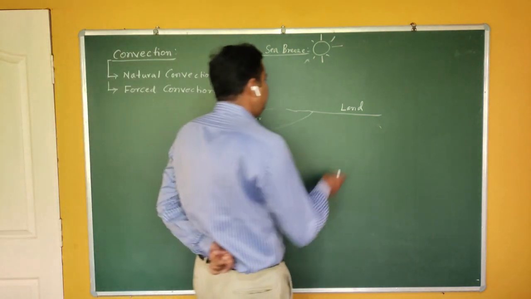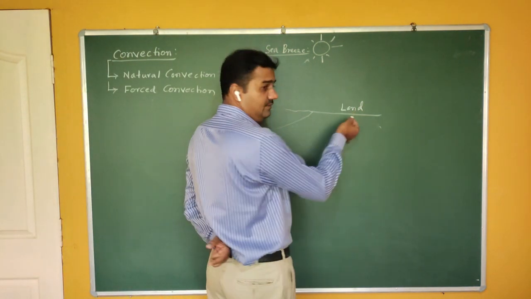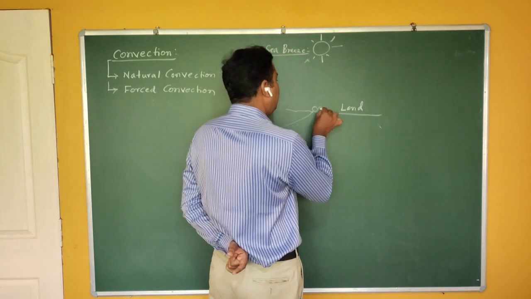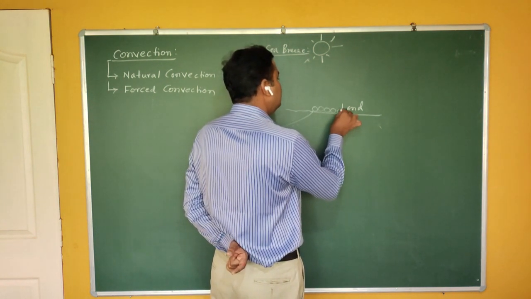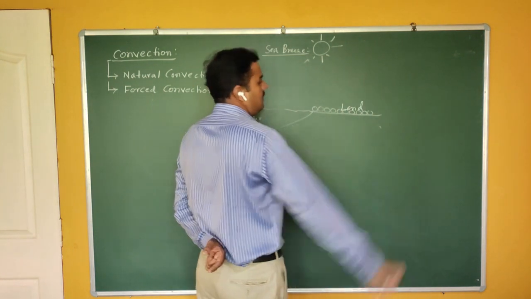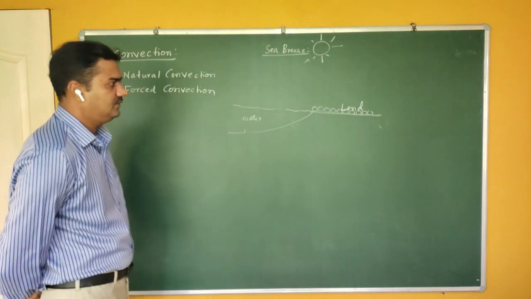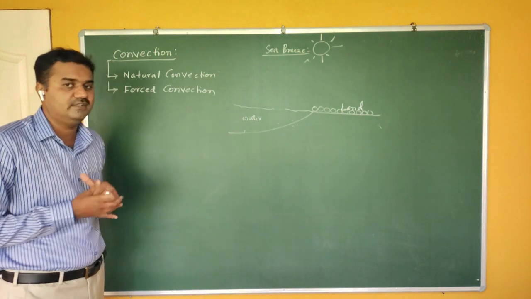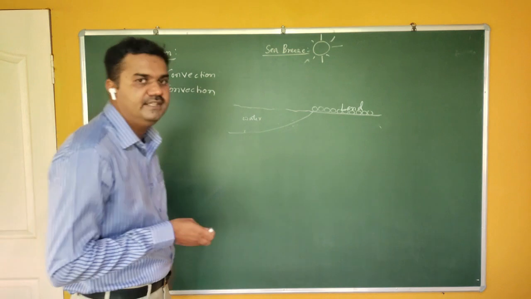As this land has more temperature, you can see here the air molecules which are in contact with the surface of the land also get heated due to conduction. They are in contact, so due to conduction they get heated.